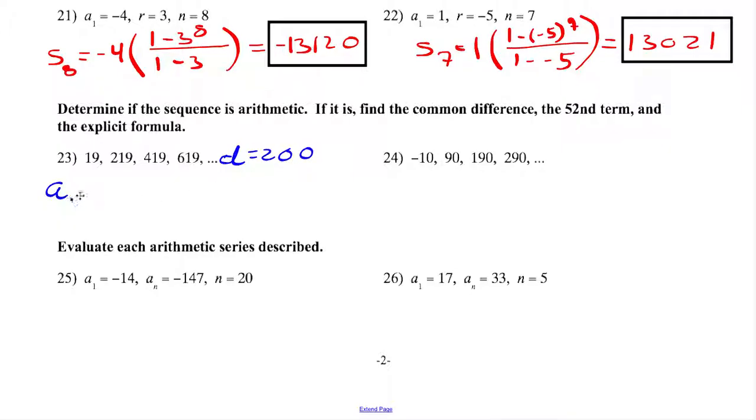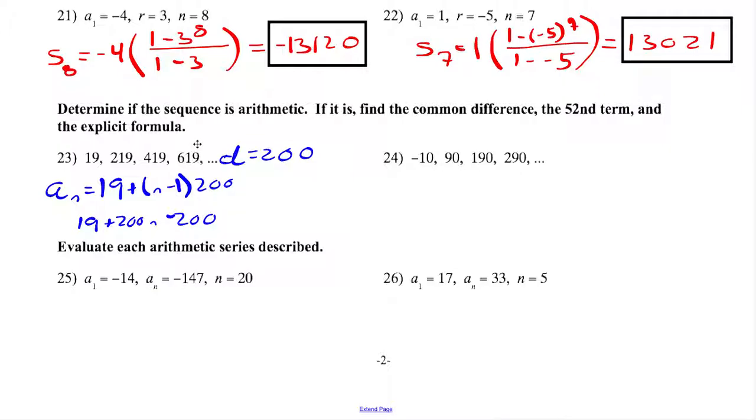The explicit formula is the first term, which is 19, plus n minus 1 times d. But we don't leave it like this, so we have to distribute this in. So I'll do it down here. So 19 plus 200n minus 200.